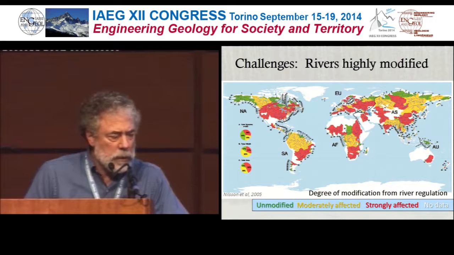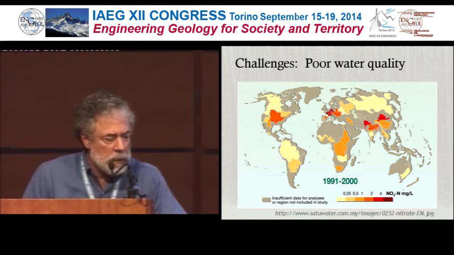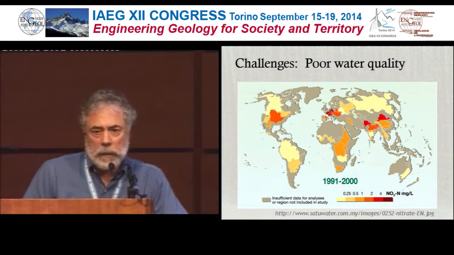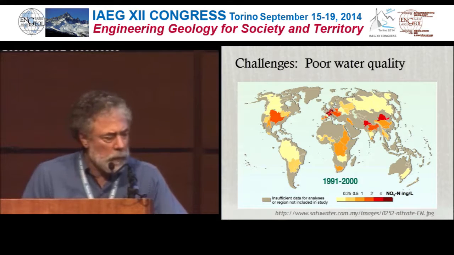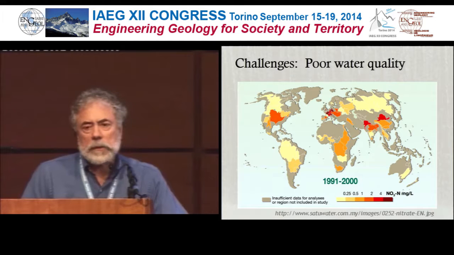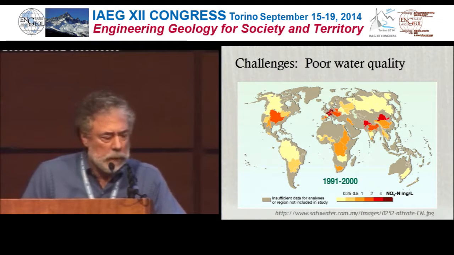Another challenge that results from this overlay of objectives and populations is degraded water quality. And again, this is not just a problem of the developing world. This is a developed world problem. And we see it emerging in places like the United States, like Europe, like China.